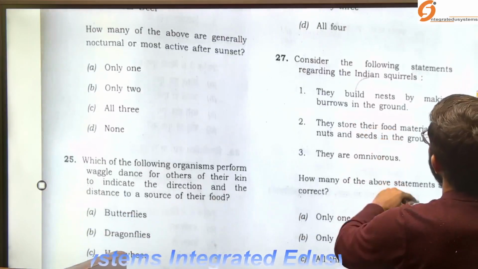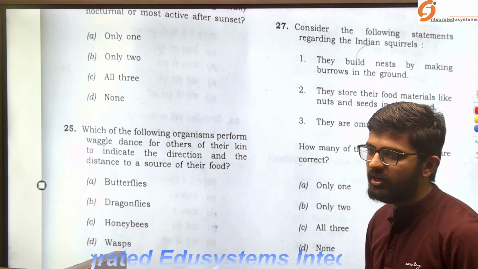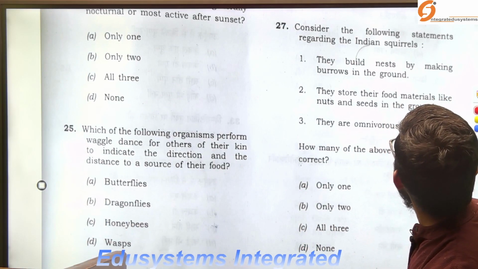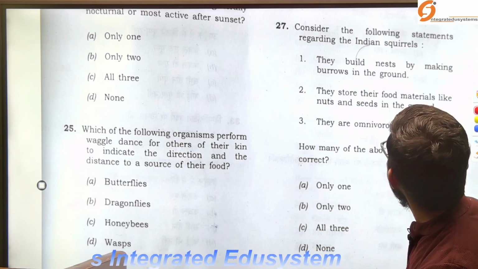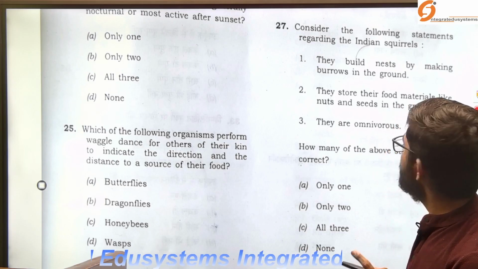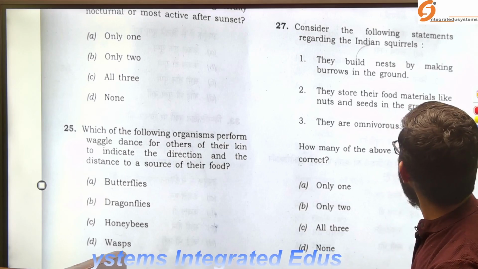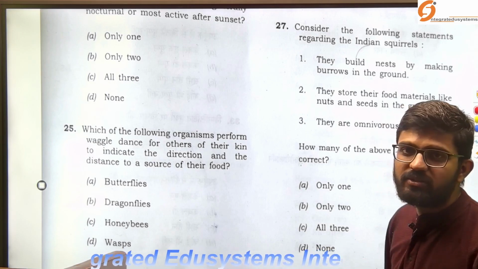Next, consider the following statements regarding the Indian squirrel. Statement 1: They build nests by making burrows in the ground. Statement 2: They store their food material like nuts and seeds in the ground. Statement 3: They are omnivorous.